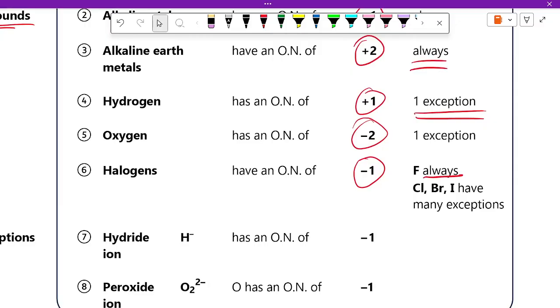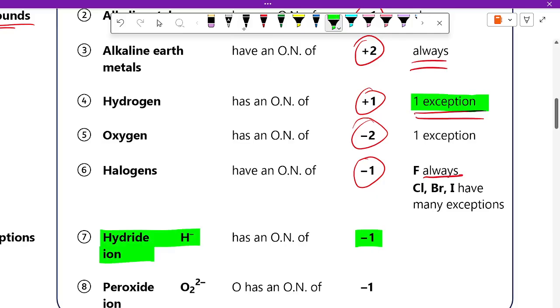Now, hydrogen's one exception is a hydride ion. It has an oxidation number of negative 1. So if you have hydrogen with a metal, and there is a peroxide ion. Most people get all excited about peroxide ions, and every time they see an O2, they think, oh, it's peroxide.